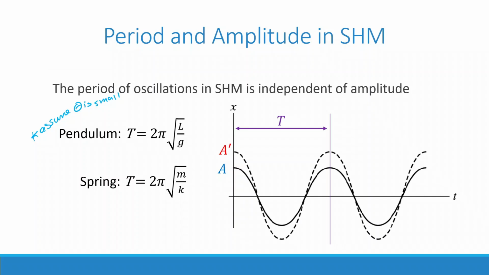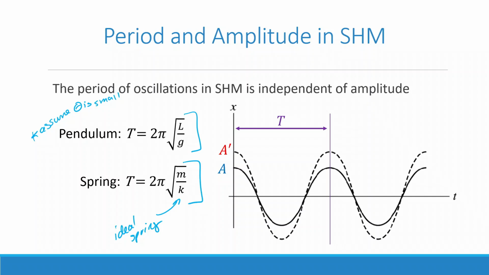So assuming theta is small, the period of our pendulum is dependent only on the length of the pendulum and the gravitational field strength. For our spring, it's dependent only on mass and the spring constant. And here we are assuming that we have an ideal spring, because if you don't have an ideal spring, then this period formula will not work.